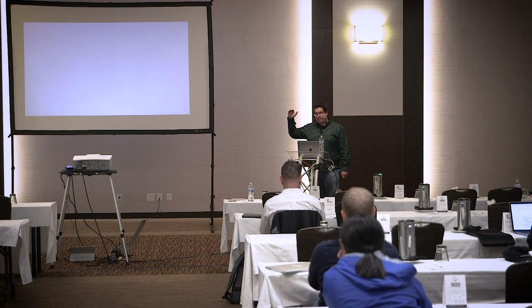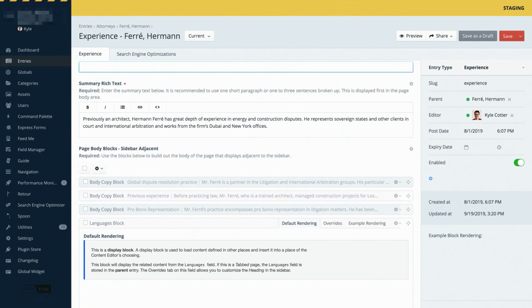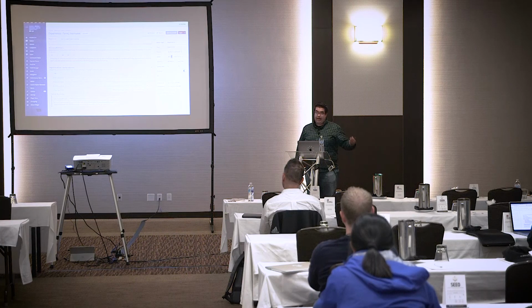This site had different tabs, so you had an attorney and then you had tabs of different content. Each attorney had an overview tab that had specific information about the attorney, and that's where this flexible page builder came into play. You were actually able to add dynamic content on the fly, like body copy, which was specific to the overview page.